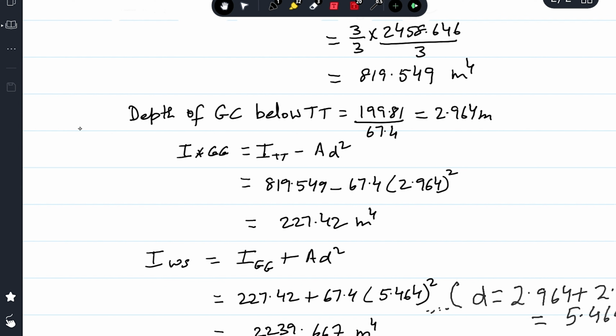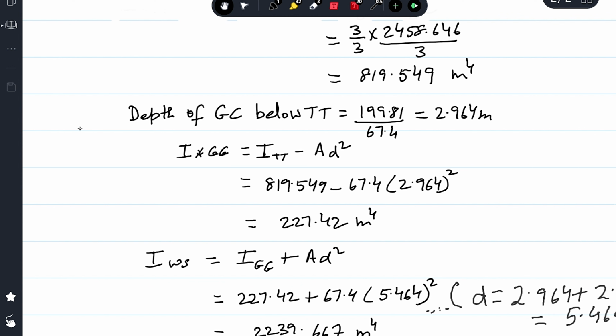So the moment of inertia about tank top is 819.549, which we found here by Simpson's rule, minus the area of the bulkhead, which is the immersed area 67.4, into D square.